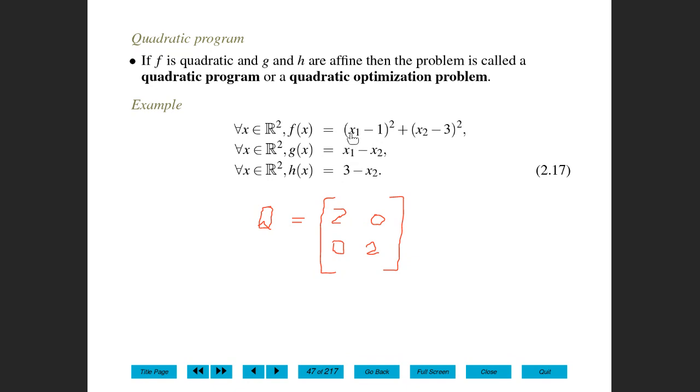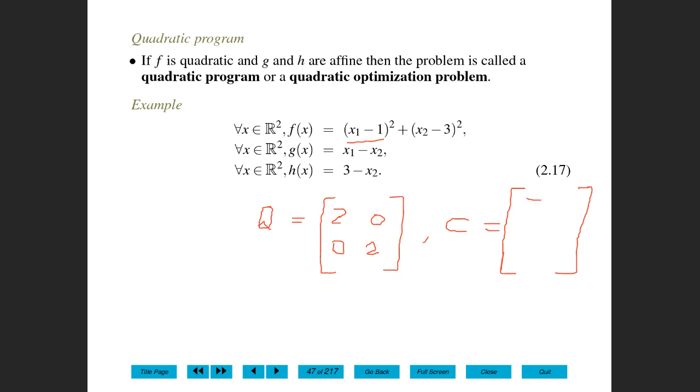And for the linear part, you would have the C. So C would be telling you what the linear part is, and it is quite easy to see. The linear part from the first one will be minus 2x1.